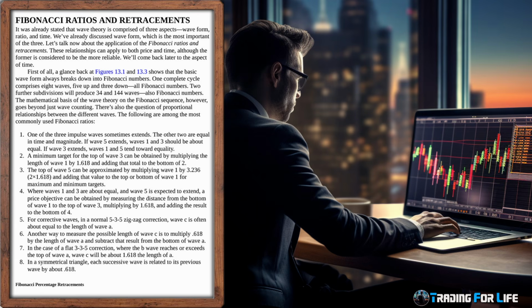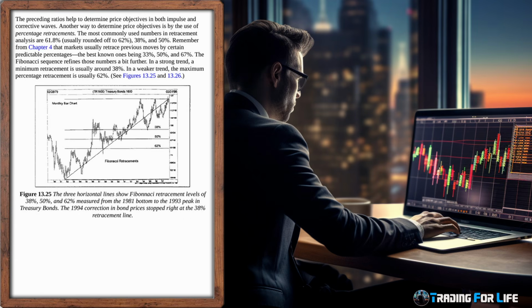Fibonacci percentage retracements. The preceding ratios help to determine price objectives in both impulse and corrective waves. Another way to determine price objectives is by the use of percentage retracements. The most commonly used numbers in retracement analysis are 61.8%, usually rounded off to 62%, 38%, and 50%.